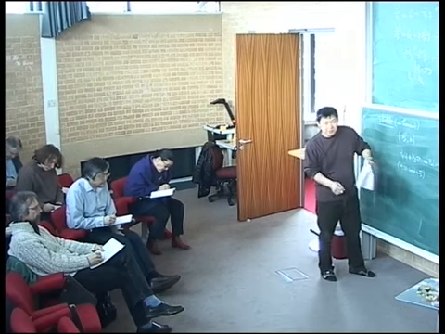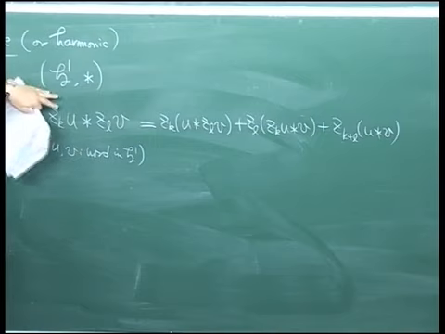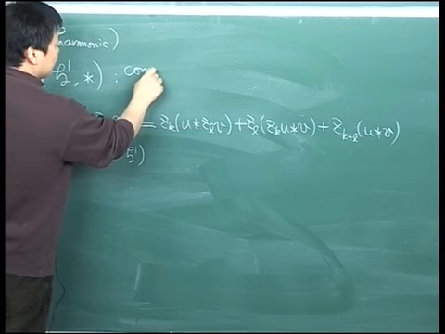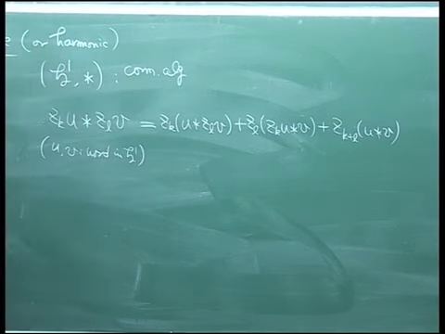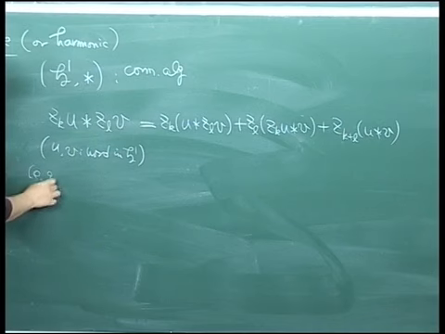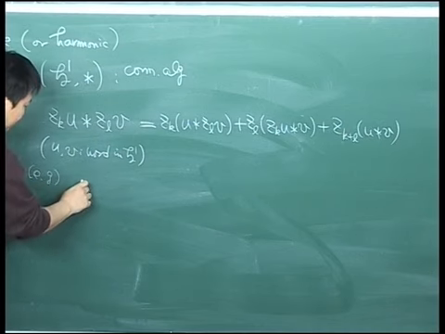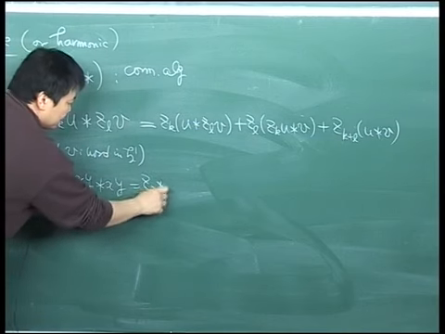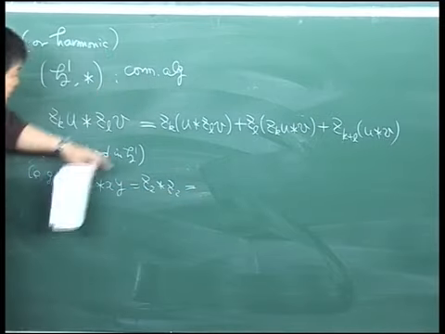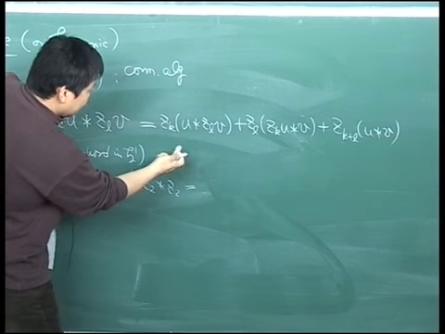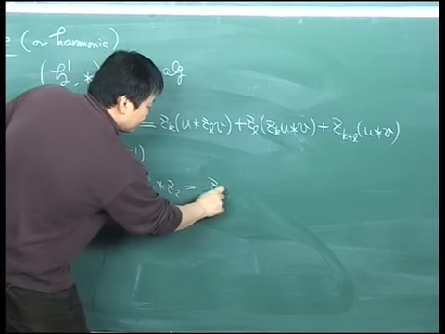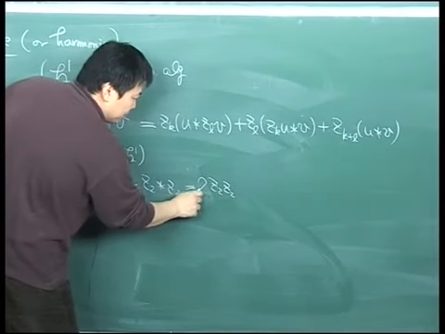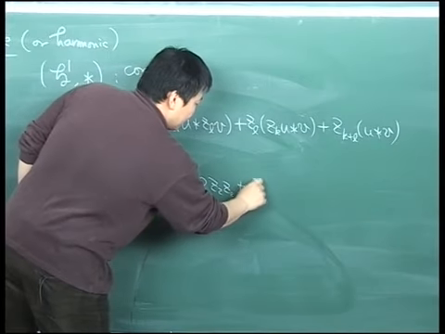Using this recursive relation, the product is defined, and this product makes H1 a commutative algebra. For example, xy times xy is z2 times z2. Using this relation, this term produces z2, z2, and this term also produces the same term, and the last term becomes z4.